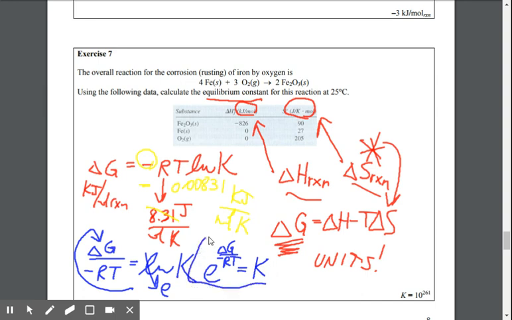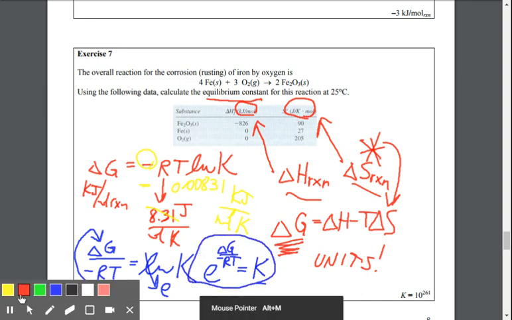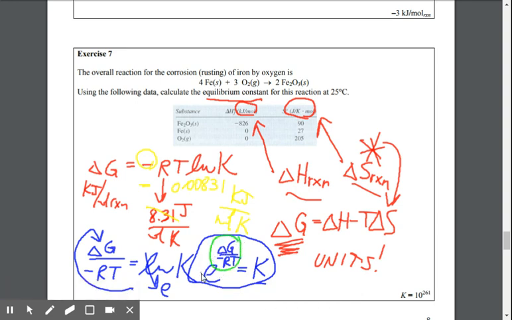It is totally okay, once you get this value right here as an answer, to say e raised to that number is equal to K. That is a perfectly acceptable answer.